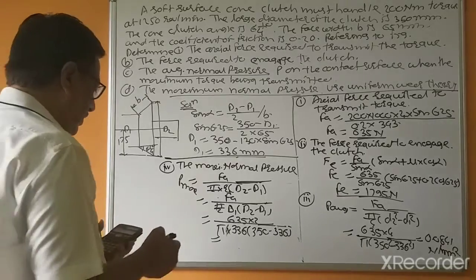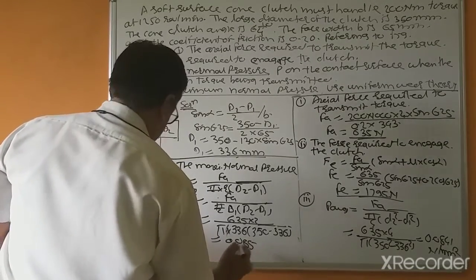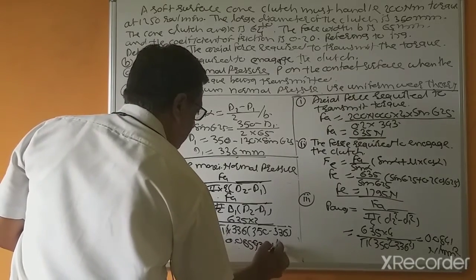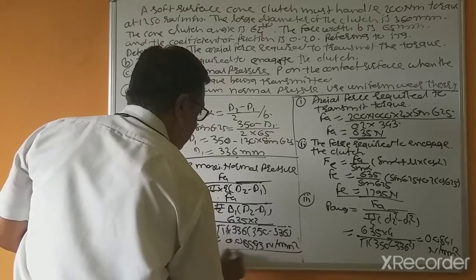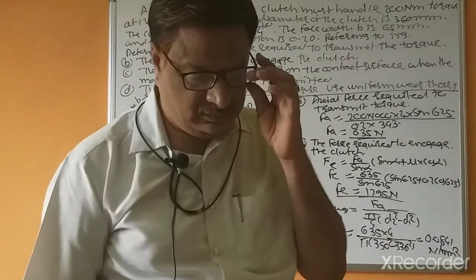So this is 0 point slightly greater 8593 Newton per mm squared. So this is correct.